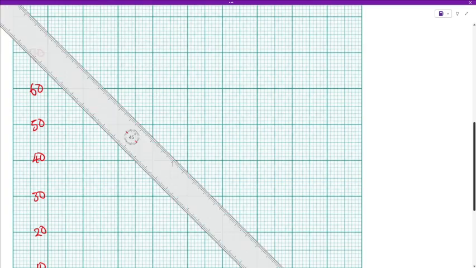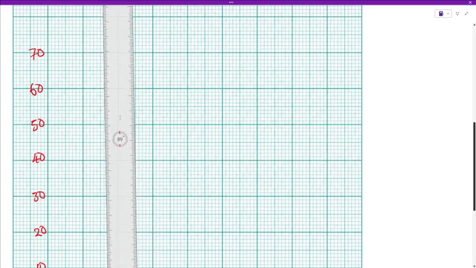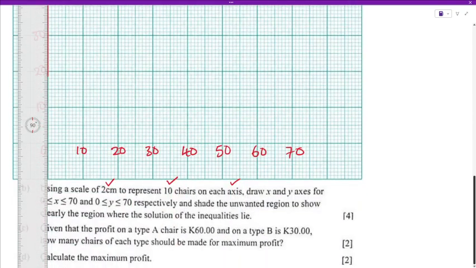So we're going to get our ruler and draw. So I'll put my ruler right there, and then I'll draw the y-axis like that.